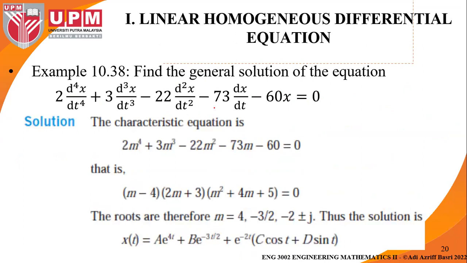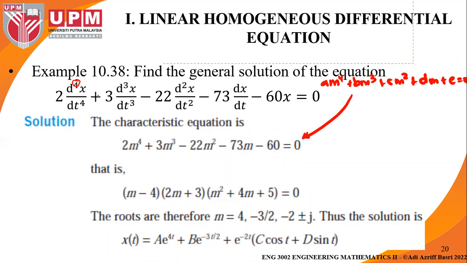As I mentioned previously, we have a power of 4 here. So when you have power of 4, your equation becomes a m power of 4 plus b m power of 3 plus c m power of 2 plus d m power of 1 plus e equal to 0.